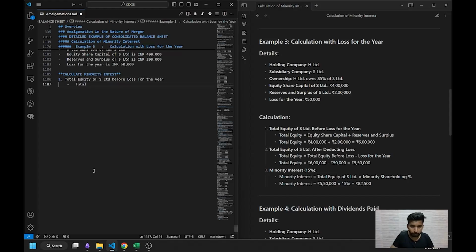Total equity is equal to the equity share capital plus reserves and surplus, making the total equity equal to INR 4 lakhs plus INR 2 lakhs.